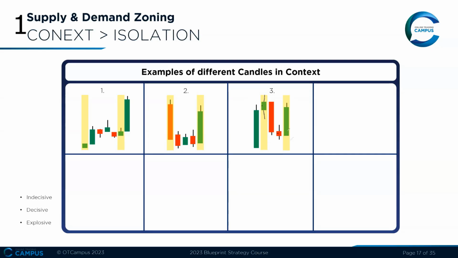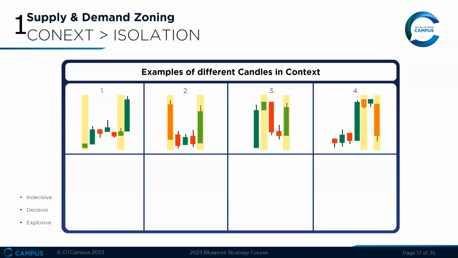What we want to see with decisive and explosive candles is that there's someone clearly in control, right? Like here, or like from here to here, or from here to here. Here as well, it's the same scenario, just different colors of the candles.